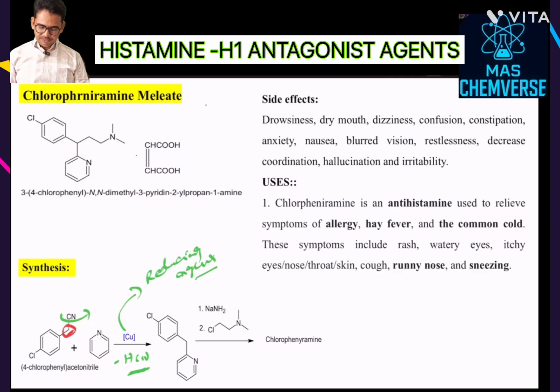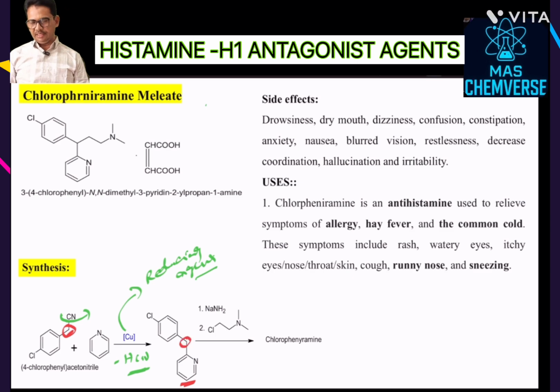Then it will be produced as the derivative intermediate, which will contain the pyridine and chlorophenyl group attached to the methyl linkage. Methyl linkage means here, nothing is there, two hydrogens are there, extra hydrogen is there.